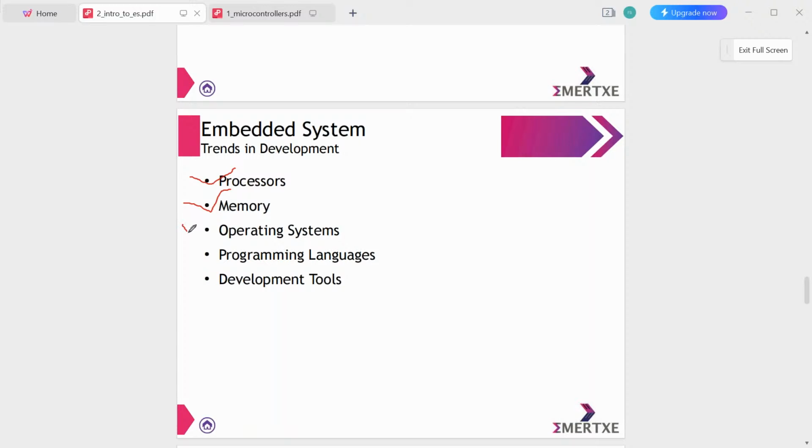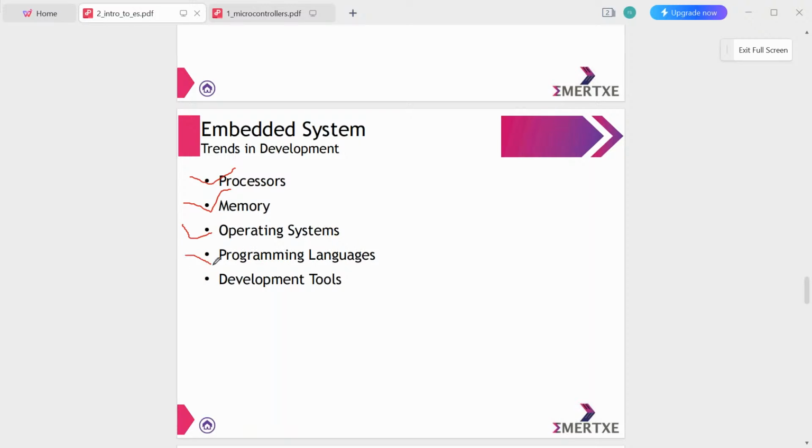Then operating systems, again, if you're planning to embed an OS in your application, then in that also we have choices. There are open source and paid OSs. If you talk about open source, you can see the Linux OS, it is open source, that is free, correct? And if you go for paid operating systems like Windows, based on your budget, based on your application, you have to pick the OS, okay?